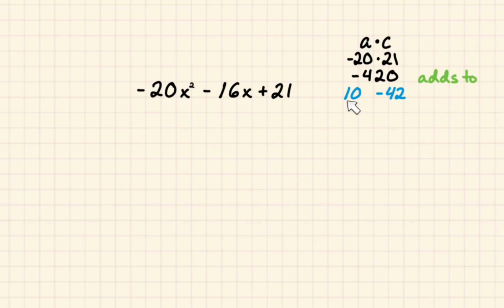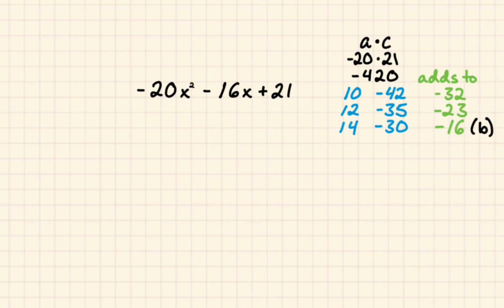So 10 times negative 42 adds to 32. 12 times negative 35 adds to 23. 14 times negative 30 gives me negative 420. It also gives me b, negative 16.